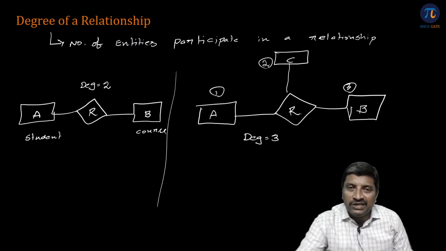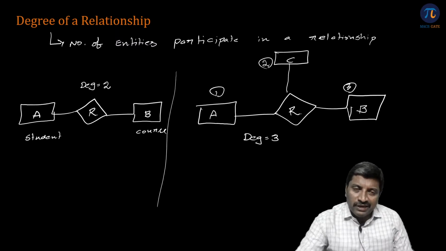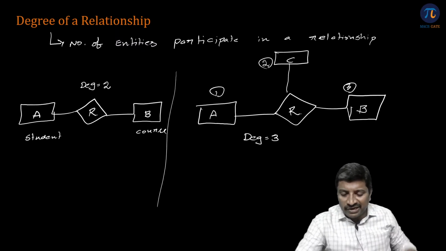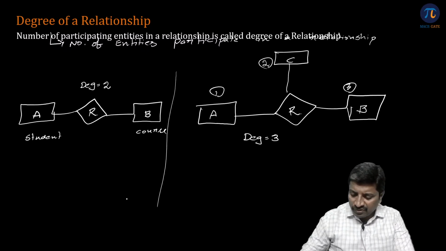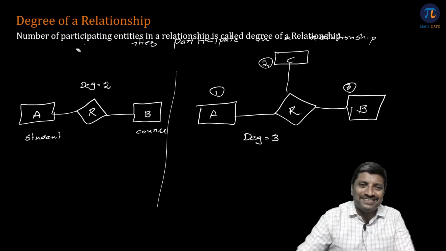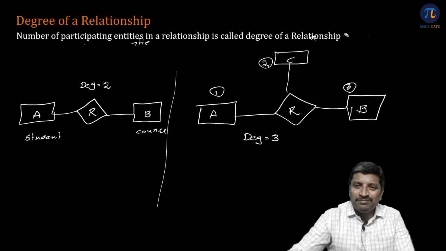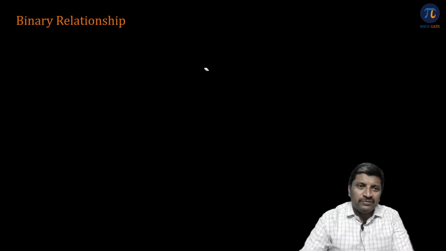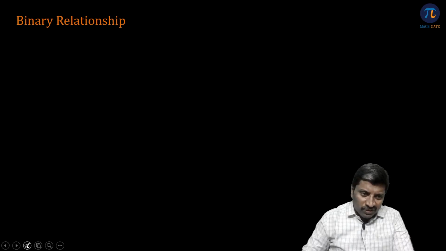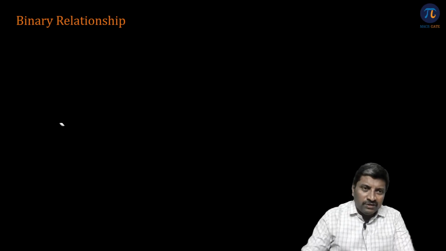Depends on the degree of relationship, the relationships are divided into some categories. So let us discuss those things. Hope I think I given the definition here, sir. Yeah. The number of participating entities in the relationship is called degree. Okay. These are the examples, sir. Now, before going, let me give the real-time examples. Okay.